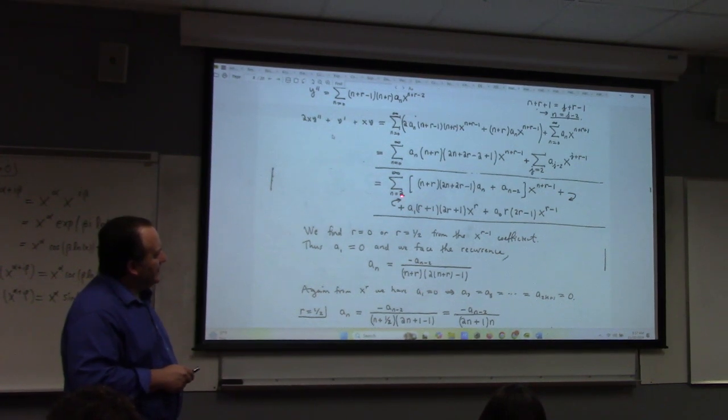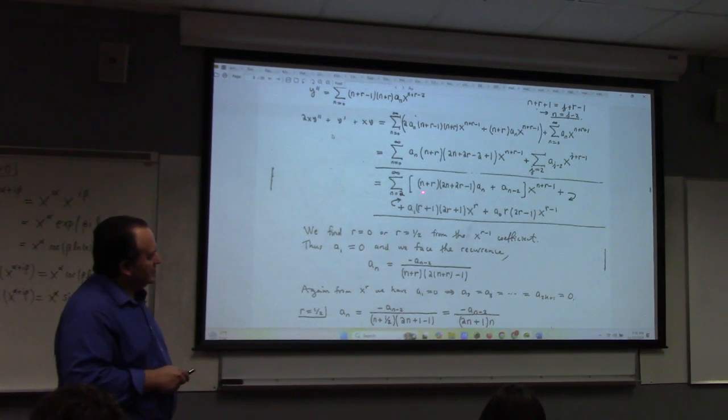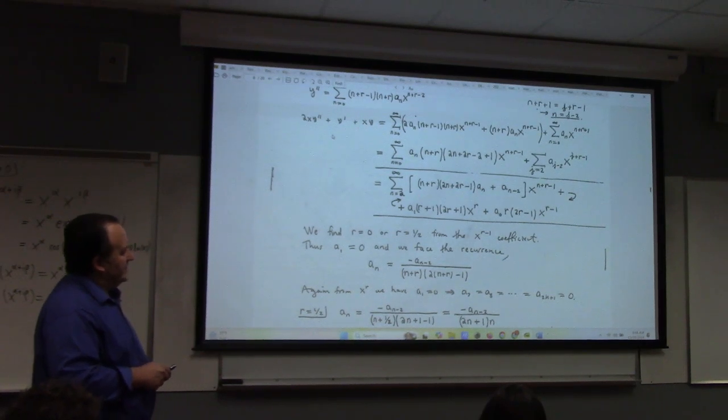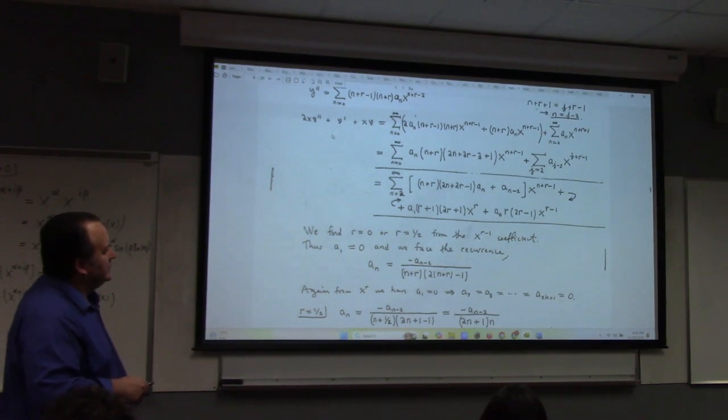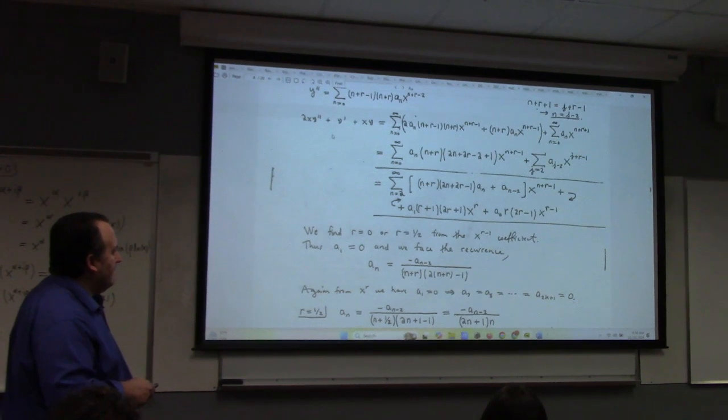I guess when I get to 3, I've got a sub 3 here, and I've got 3 minus 2, a sub 1. So I've got to be careful. The 1 term is here, and it's also in here. So I think at the lowest order, the recurrence relation's a little fussy. A1 equal to, see, I don't believe that's true. Thus a sub 1 equal to 0.